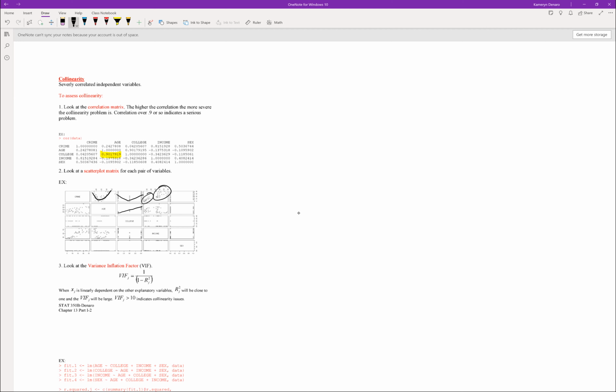But overall, for college and age, we would highly consider whether or not to include both of those variables because of the high correlation. The other thing we can do is calculate the variance inflation factor.